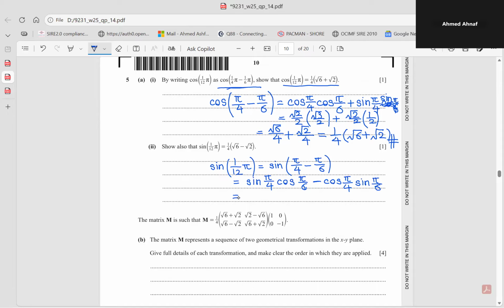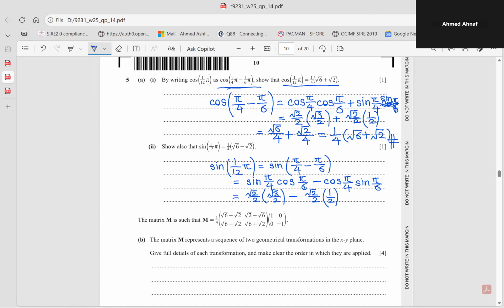So sine pi over 4 is square root 2 over 2. Cosine pi over 6 is square root 3 over 2. Minus cosine pi over 4 is square root 2 over 2. Sine pi over 6 is 1/2. So you can see the numbers are exactly the same.